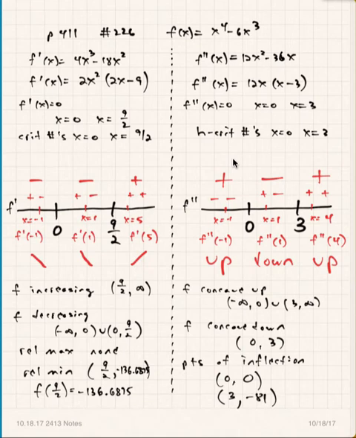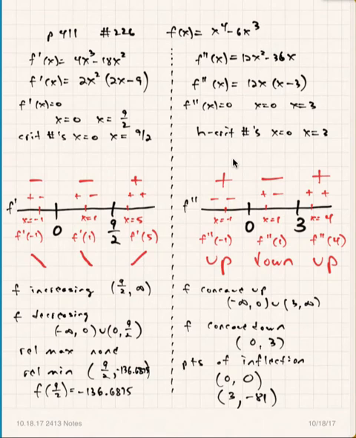So the other point of inflection is at 3, negative 81. And then, definitely what you want to do is look at the graph on a calculator or on some technology to make sure that what you just found actually agrees with the graph.